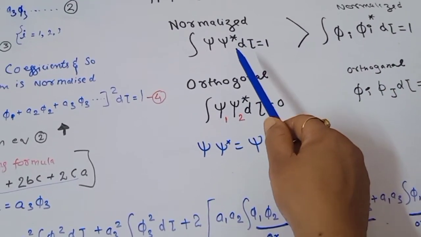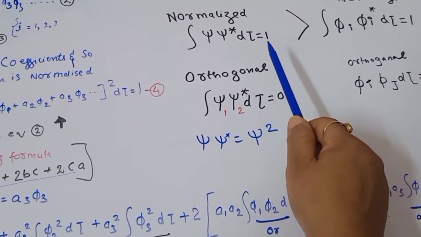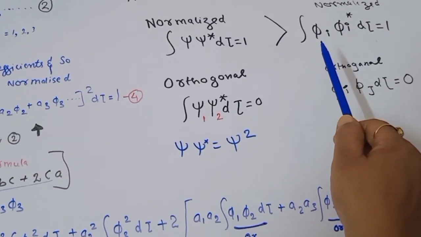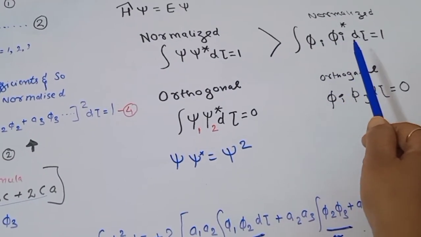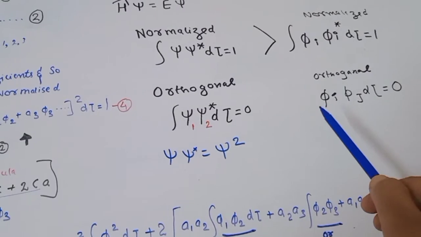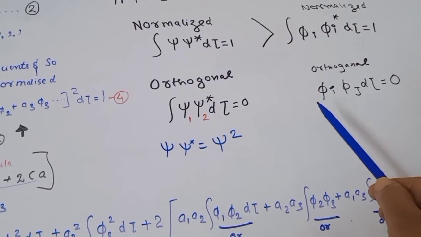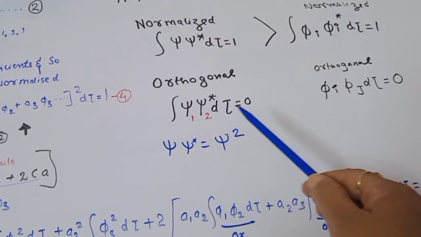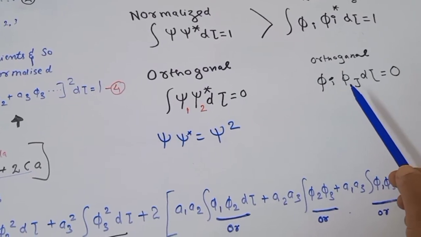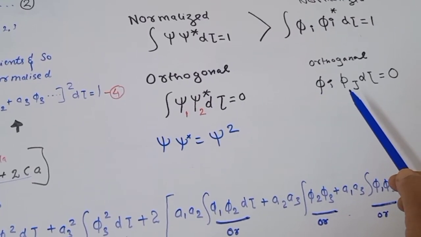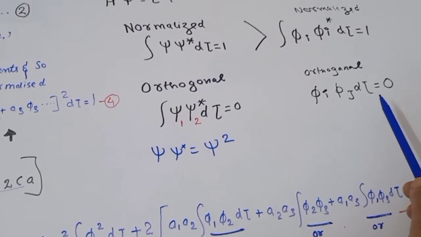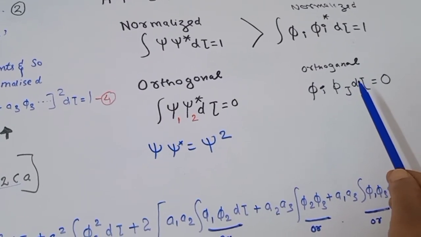This is a normalized condition. So when both the phi's are same, we will write 1, and when they are different wave functions like 1 and 2, here we have taken i and j, if the different phi's are there, we will consider them as orthogonal, so we will put 0.